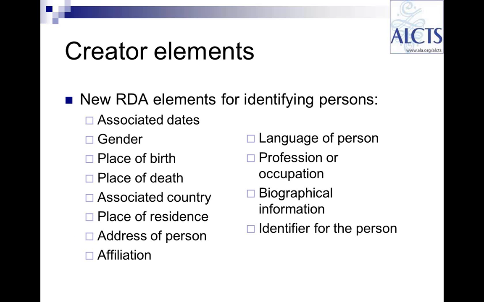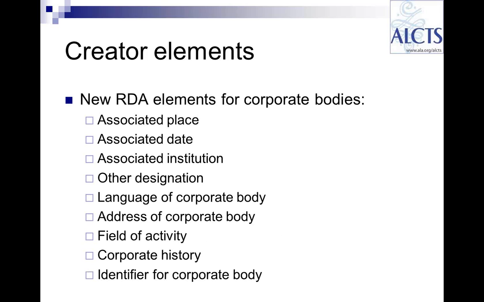Again, there are a number of new elements provided for identifying persons, including dates, gender, place of birth, place of death, occupation, biographical information, and so on. For corporate bodies, there's a similar list of separate elements that can be recorded.